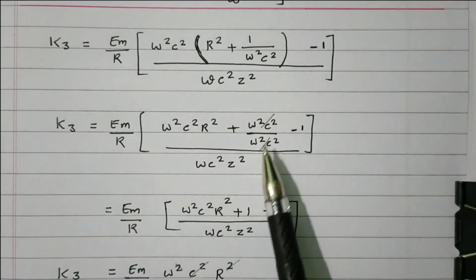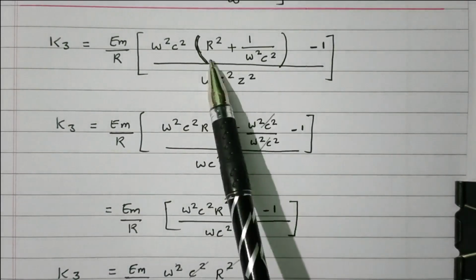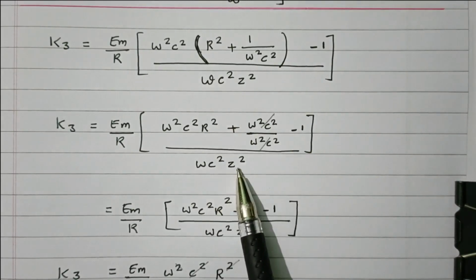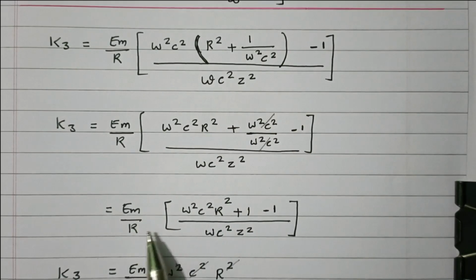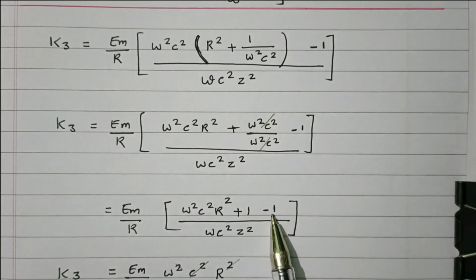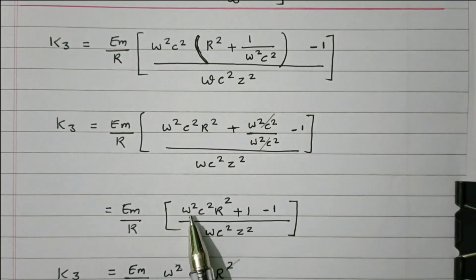Then omega square C square divided by omega square C square, both terms are equal, so it becomes 1. Already here minus 1 is there, so both are cancelled. So omega square C square R square divided by omega C square Z square, right?